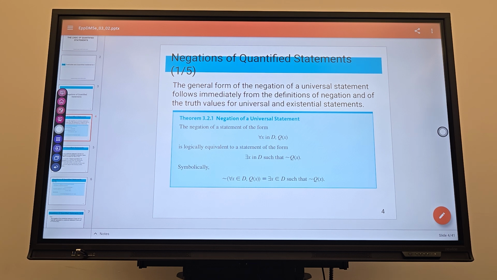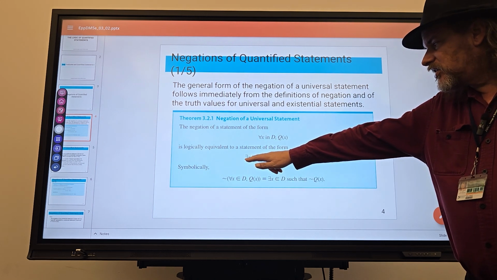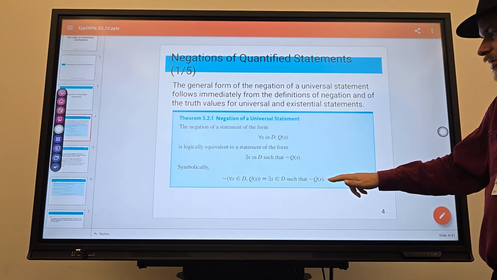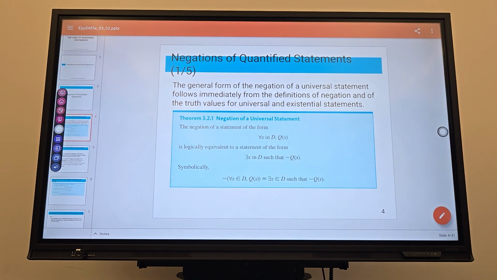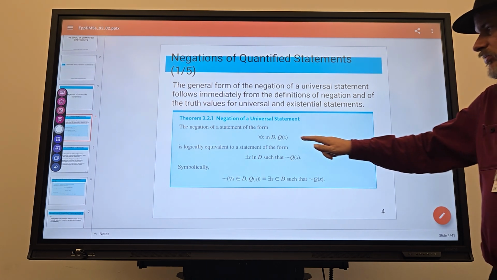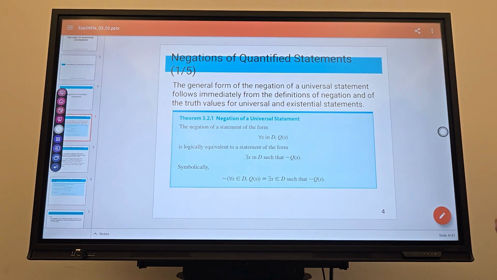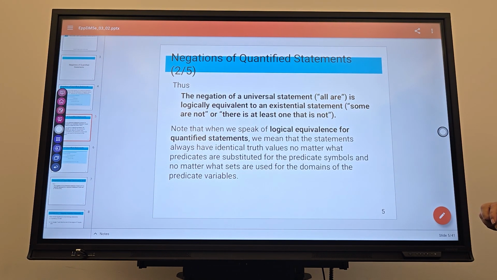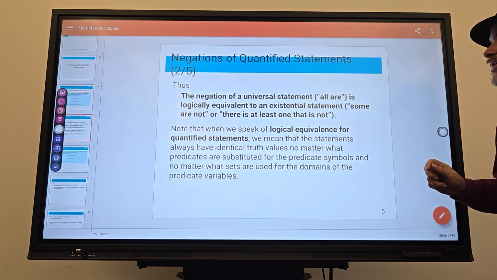So the negation of a universal statement is an existential statement, where you invert the predicate. So the negation of a universal statement is logically equivalent to an existential statement.